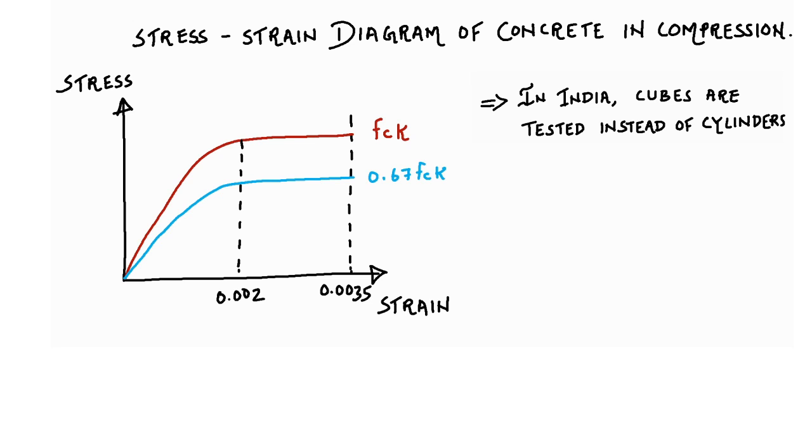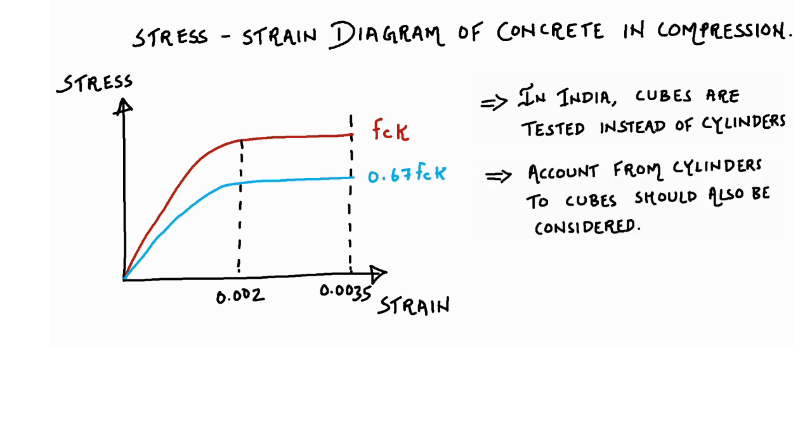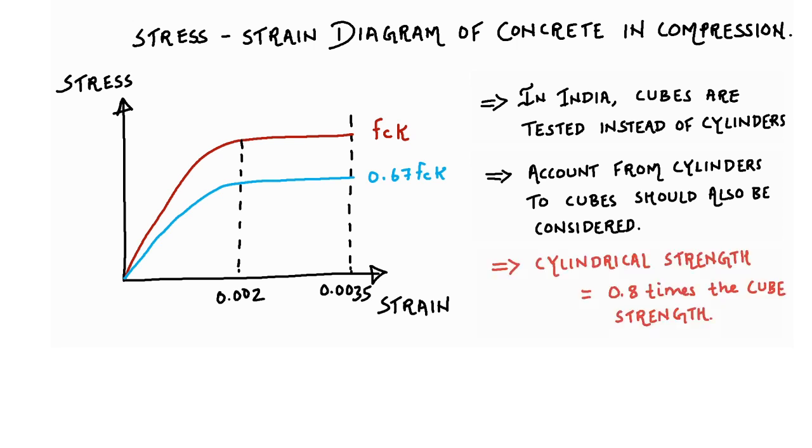So one more account we have to take, the account of cylinders and the cube, because they are different in size. The cylinders are tested in countries like USA, UK for determining compressive strength of concrete. We also have to consider one more size effect from cylinders to cube. The relation between the cylindrical strength and the cube strength is 0.8.